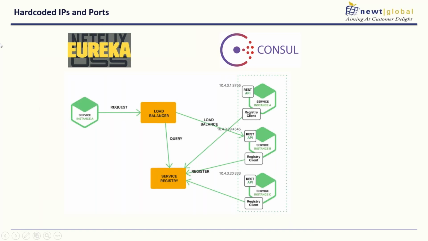And of course, there are many other service registry products. Some people even use routers, and there are some differences between a router and software-based services. Generally, for almost 80 to 90% of the use cases, it's always better to use a software-based service such as Netflix Eureka or Consul for service discovery.